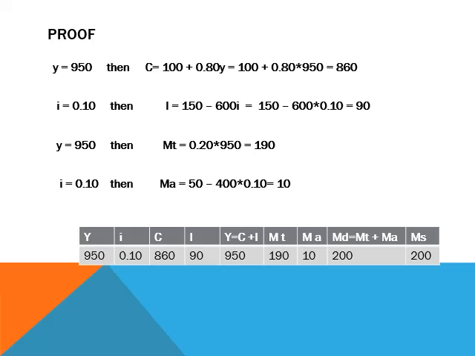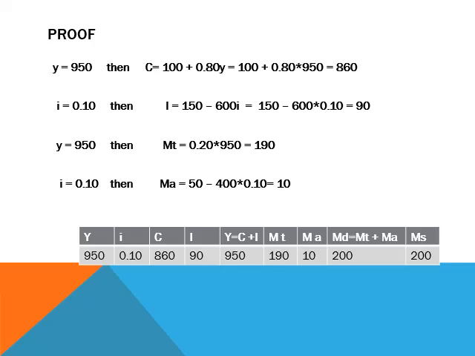Money for transaction equals 190. So let's move to find MA, money for speculation, which is given as 50 minus 400 i. The interest rate i equals 0.10. So MA equals 50 minus 400 times 0.10, which is 10.